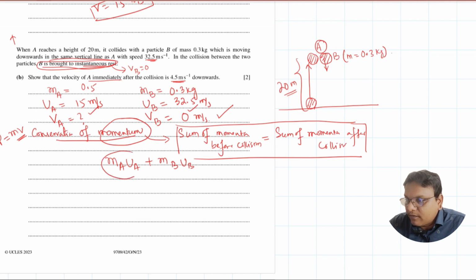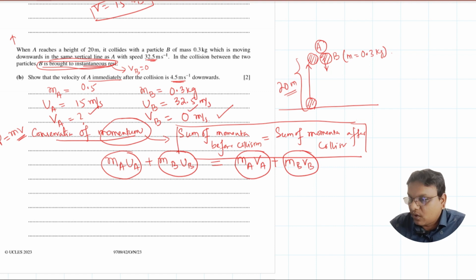This is the momentum of A before collision, and this is the momentum of B before collision. This is equal to m_A v_A plus m_B v_B, the final speeds: the momentum of particle A after collision and the momentum of particle B after collision.